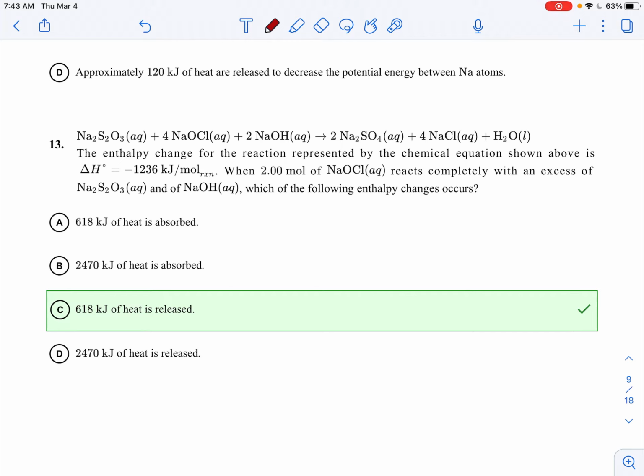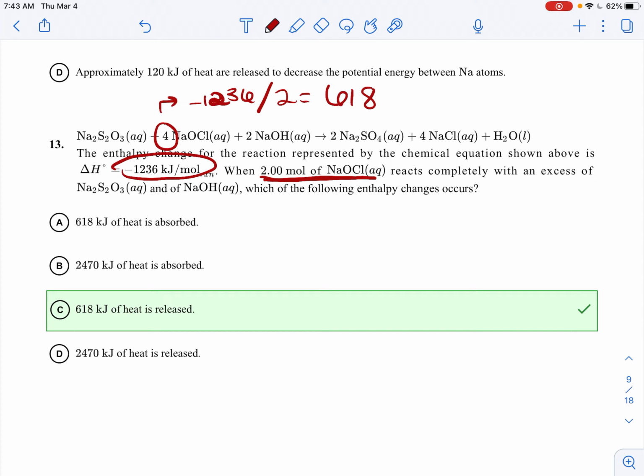Okay, so according to my reaction, if I have 4 moles of NaOCl, then it will take negative 1236, okay? But in this case, I have 2 moles of NaOCl, and so we have half the amount of moles, so that means it's going to take half the amount of energy, and so that's 618.